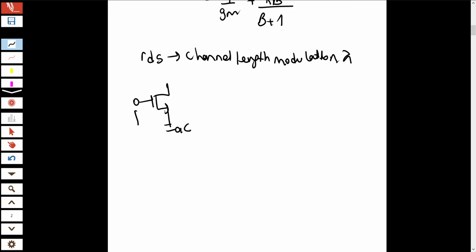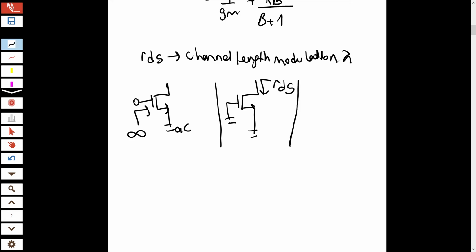What we see from the gate is infinite. Why? Because gate current was 0. Okay, this was the first one. If gate is grounded, source is grounded, and if we look from the drain side, what we see is the r_ds resistance.